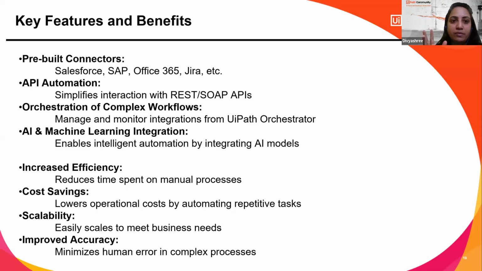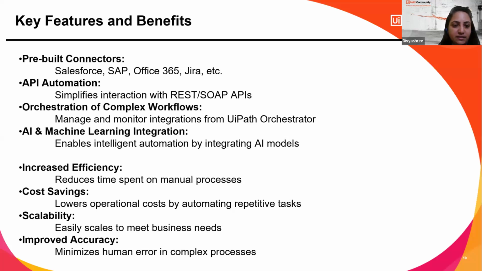Let's consider we have an email, and our dispatcher bot was running every 1 hour, and the email was received 1 hour before, so that 58 or 56 minutes, whatever, we saved when it comes to adding to the queue item. So scalability, improved accuracy, and cost, we will definitely be able to save all these things when it comes to the integration services.